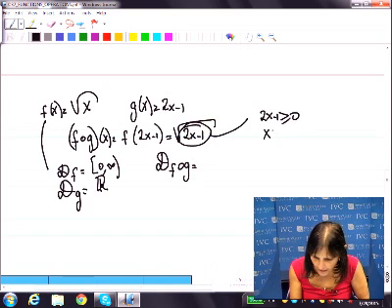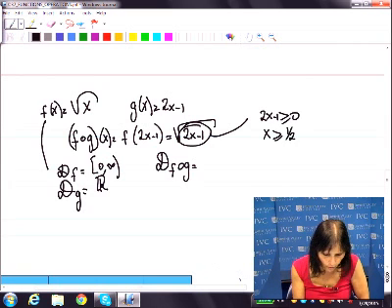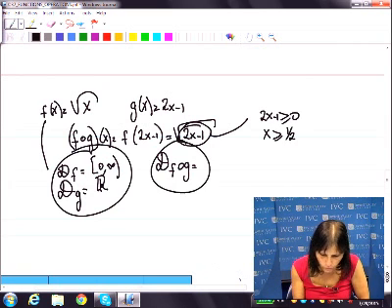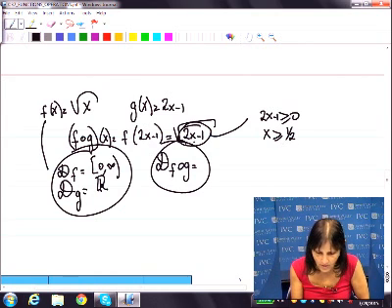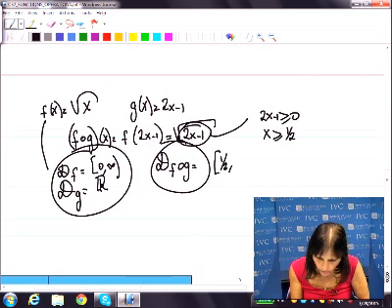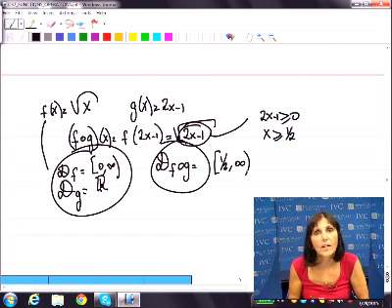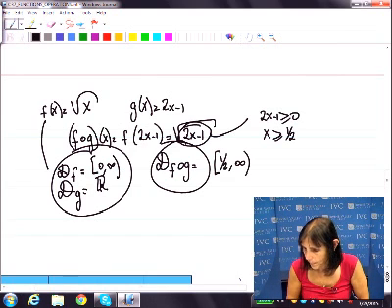So that means x has to be greater than or equal to 1/2. Even though it's not that straightforward, you have to look at what this does and see how the domain and range work. So in other words, this domain is going to be 1/2 to infinity. Does that make sense? Okay.